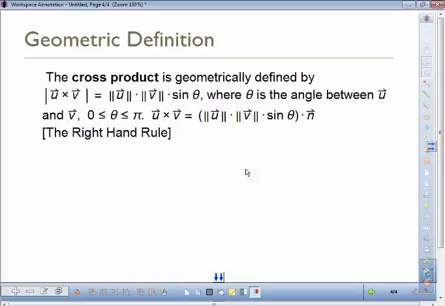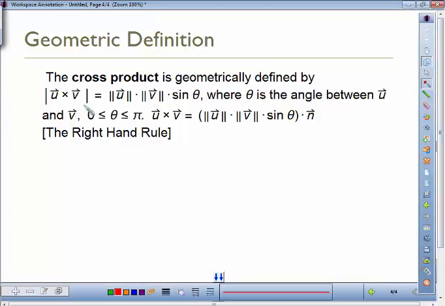So when you start trying to combine the geometry behind this, there could be a lot of geometry in 3D that we're going to try to visualize. But in terms of sines and cosines, you have to be a little bit careful in looking at it from a scalar point of view. The first thing that you see here in the geometric definition is you're taking the magnitude of the cross product.